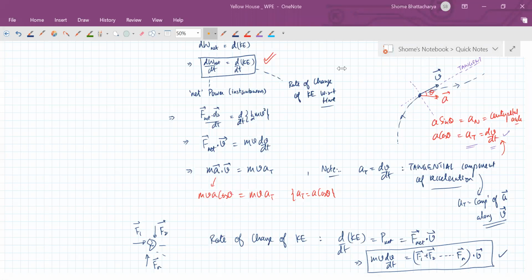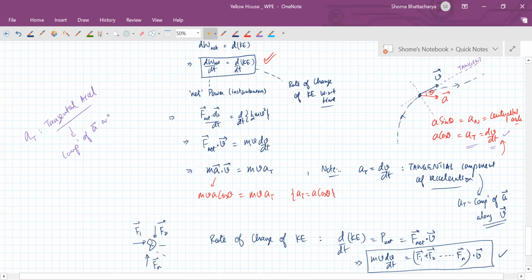Yeah, that's tangential acceleration, a subscript T. This is the symbol used for the tangential acceleration. So this is the component of acceleration along the velocity or along the tangent.